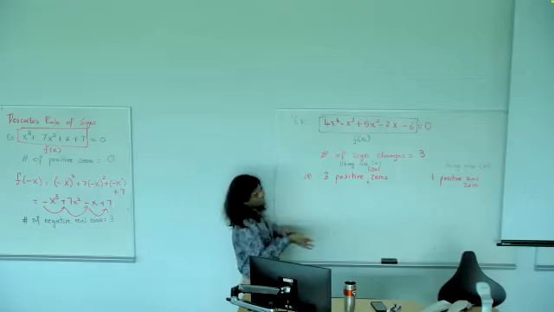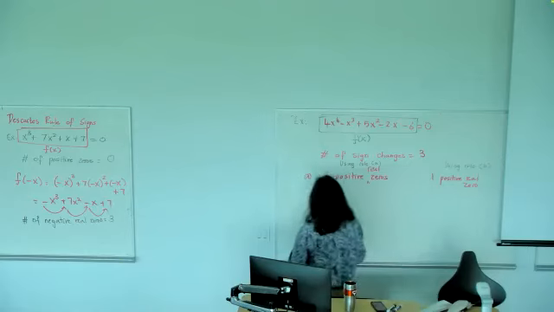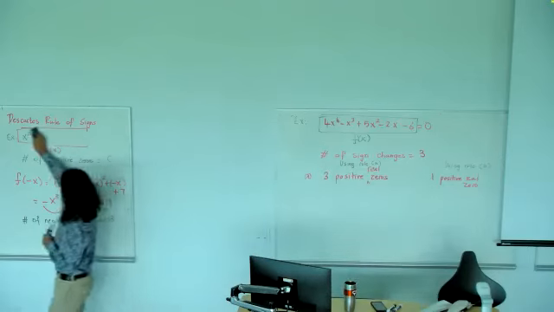So let's say if you have 1 negative real zero, f of minus x, before you start, what should you do?